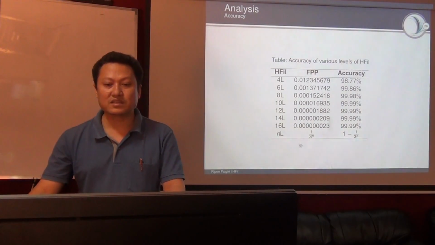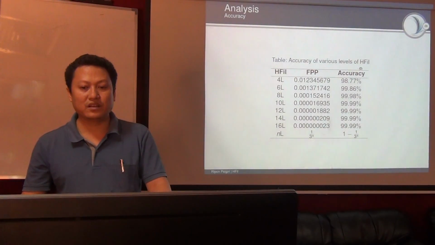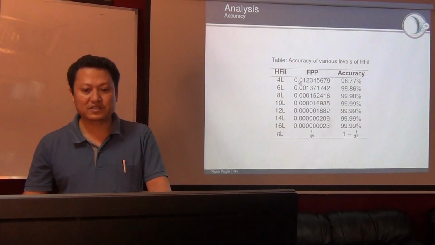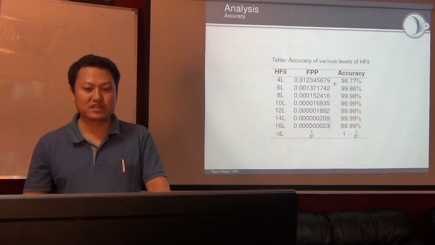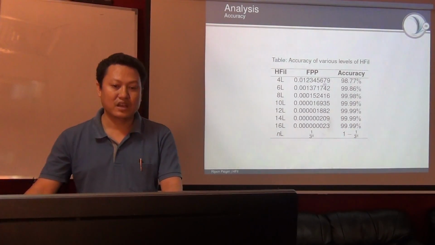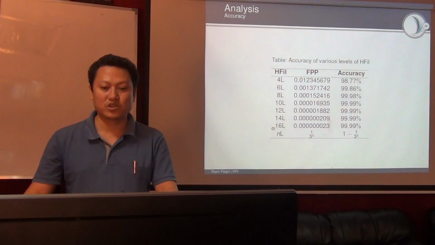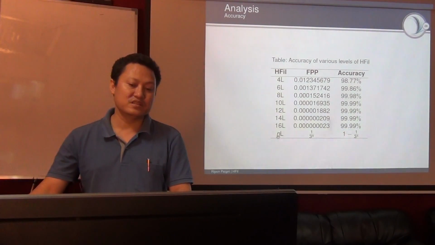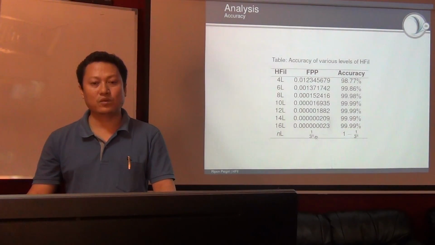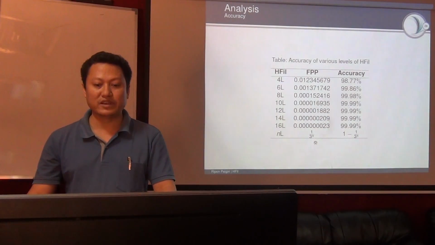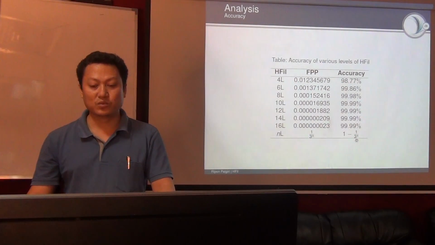Thus the accuracy of various levels of HFil: 4L accuracy is 98.77, 16L accuracy is 98.99, and false positive is nearly 0. If we increase NL, then the false positive is 1 divided by 3 to the power n, and accuracy is 1 minus 1 divided by 3 to the power n.